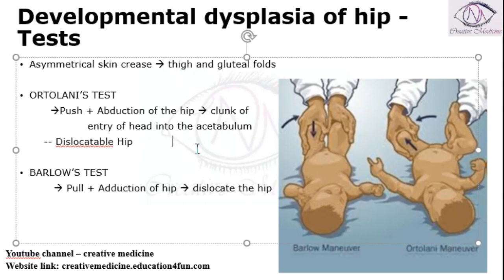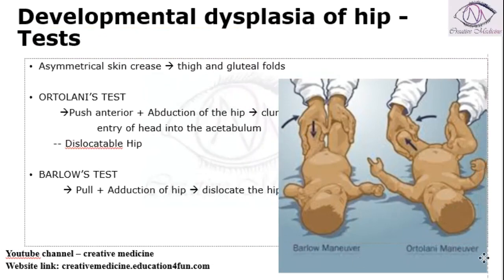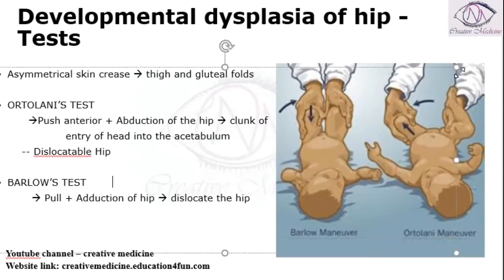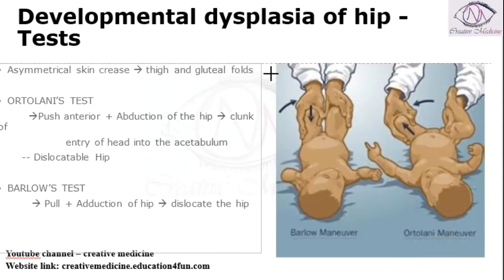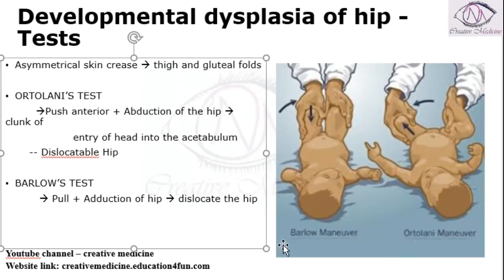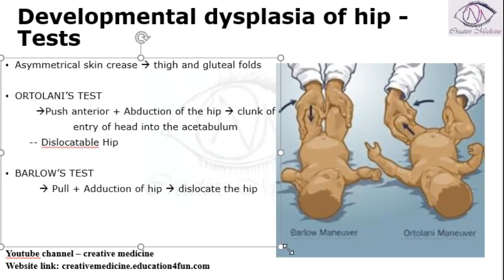So this is pushing anteriorly and abduction of the hip. When we push the hip anteriorly and abduct it, the clunk sound is heard mainly on entry of the head into the acetabulum.